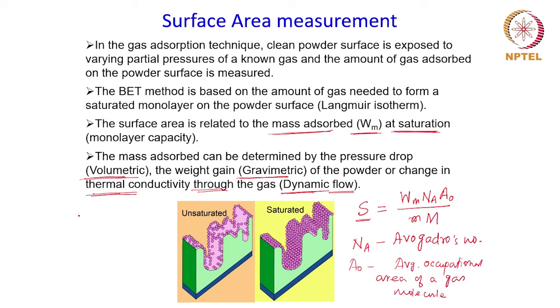M is the molecular weight of the gas which is being used as the adsorbate. And M is the sample weight.